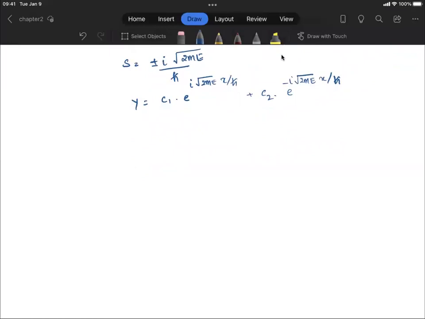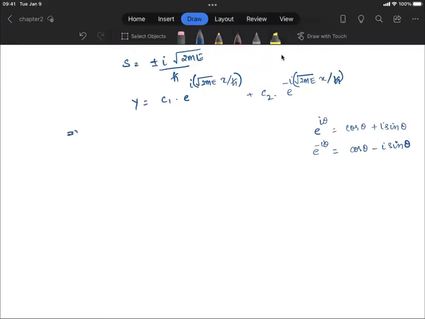So now that we have this, if we have e to the power i theta, this can be written as cos theta plus i sin theta, and e to the power negative i theta can be written as this, right? So we have something similar to e to the power i theta and e to the power negative i theta.